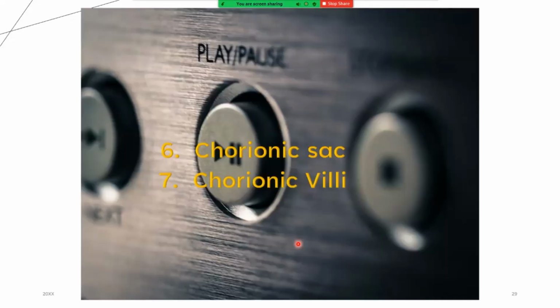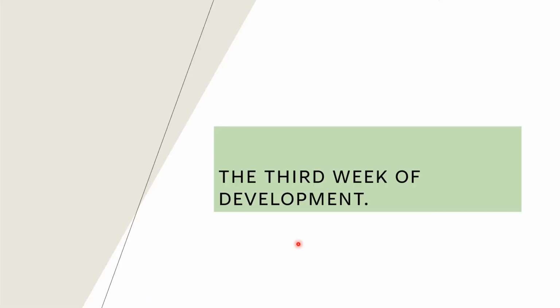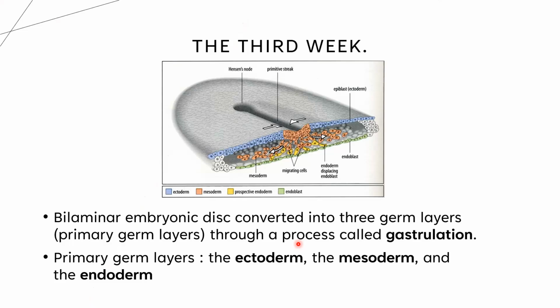Okay, up to this point, you have learned the chorionic sac and chorionic villi. What are these two structures? And now we go to the third week of development. The third week means 3 lamina. Third week, 3 lamina.